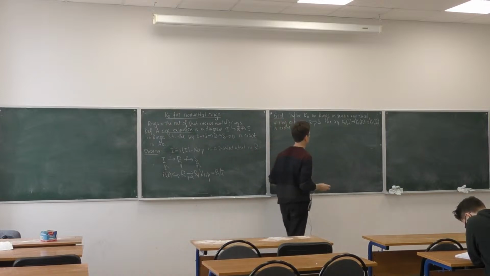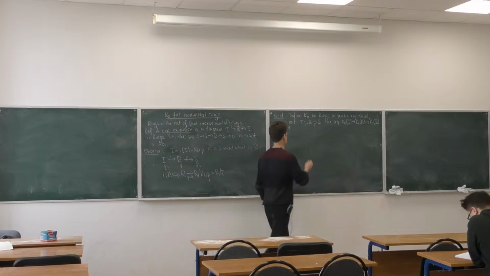This is what we want to achieve. And the respective property of K0 is called half exactness.